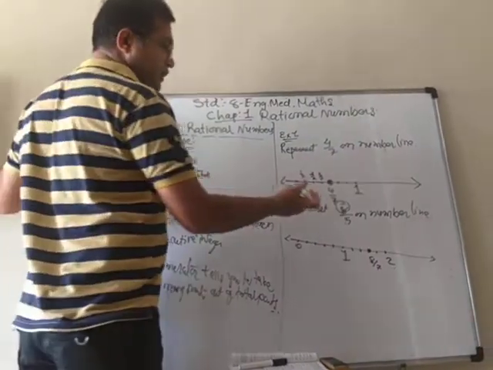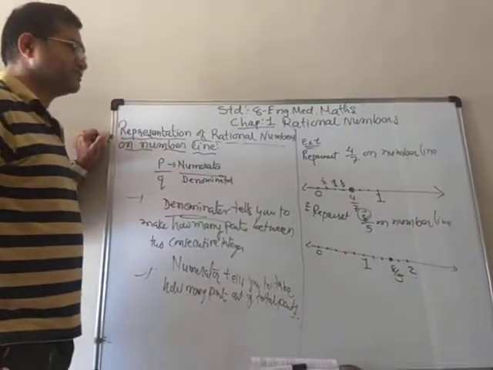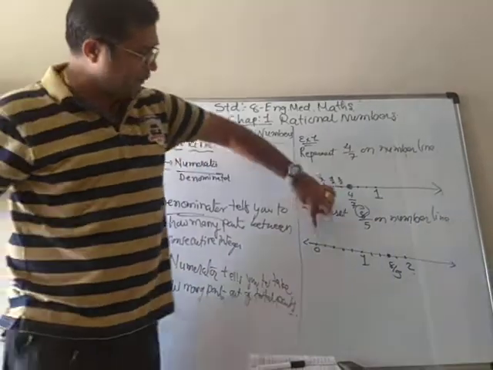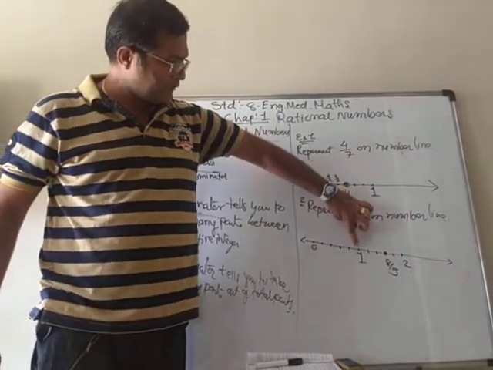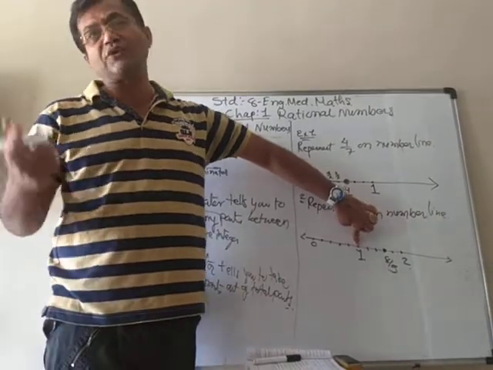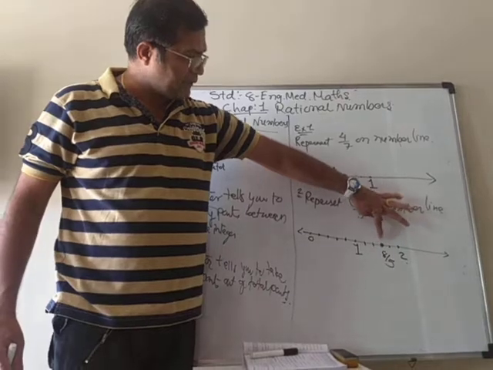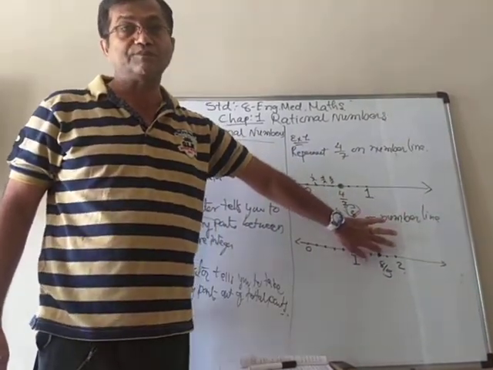Sorry, means 8 upon 5, because we have made 5 equal parts. So here 8 upon 5, so that one is 1 upon 5, 2 upon 5, 3 upon 5, 4 upon 5, 5 upon 5 is 1 because we can cancel 5 upon 5. Then 6 upon 5, 7 upon 5, and that number is 8 upon 5.